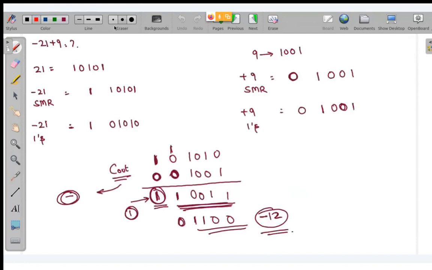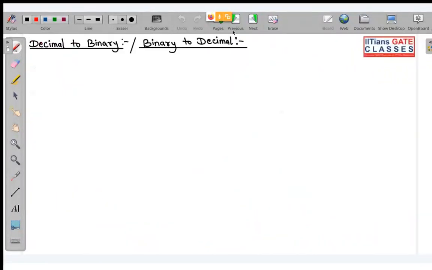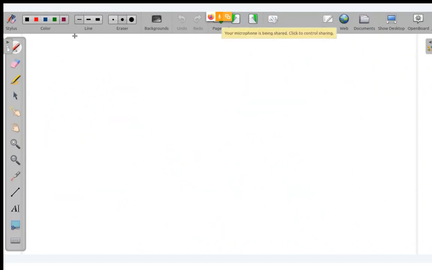It will be given to find either two's complement or one's complement. For example, a number is 1 2 3 4 and it is said to find four's complement when the base is 5.